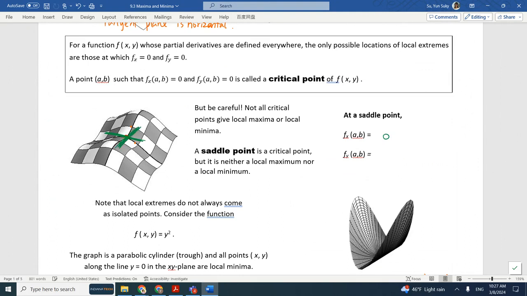If you look at the y, partial f partial y is also 0. This is the saddle point. In Applied Cal 1, right, we can have local min, we can have local max, and we can also have saddle points, right? But now, this is what a saddle point looks like on the surface.